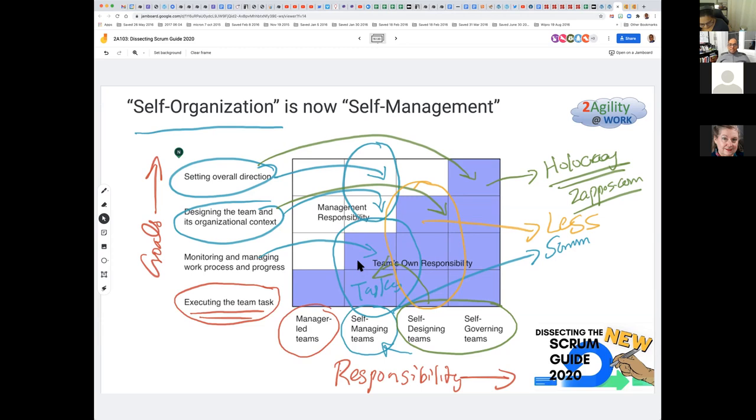So if you apply the same context, if as a manager without a clue to what the work is, I start putting teams together and say, thou shalt work like this together. So let's say I have 50 people and I put them into teams of 10 and I pick the team for them, it's a management responsibility to pick the teams. Then what happens is I have no context to what is required inside the teams to do the work.